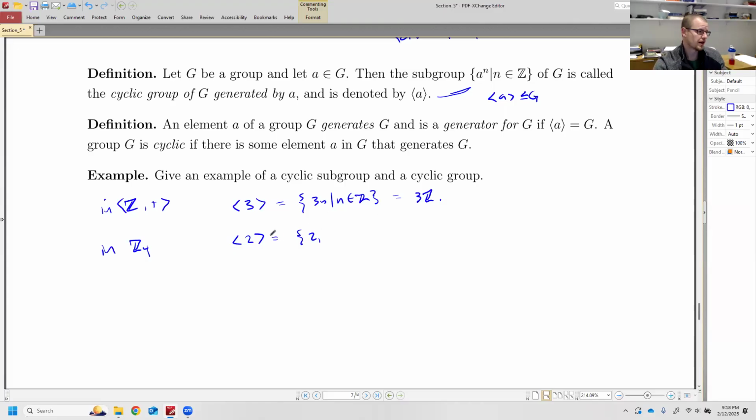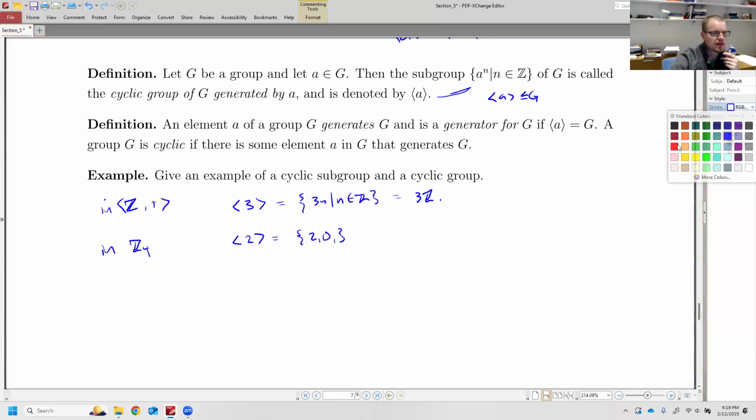So 1 times 2 is 2, and 2 times 2 is 2 plus 2, which is 4. 4 mod 4 is 0, and any higher power is just going to alternate between 2 and 0. That's that subset that we were talking about earlier.